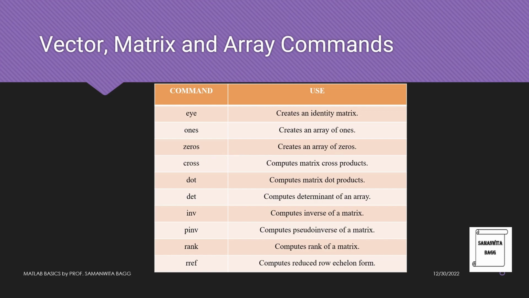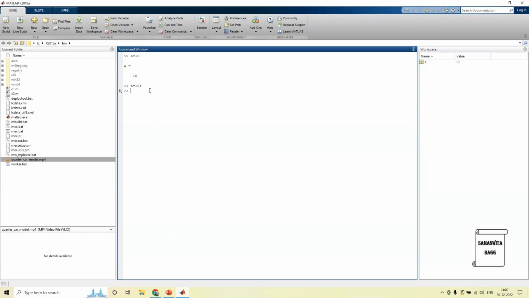The matrix and array commands, I'll just show you once. Suppose if I write zeros, 1, it is only indicating 1, 0. Suppose if I write zeros, 1, 1, it's still 0. When I write zeros, 2, 3, you can see here there are 2 rows, 3 columns.